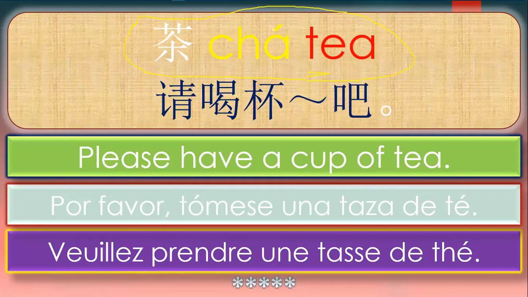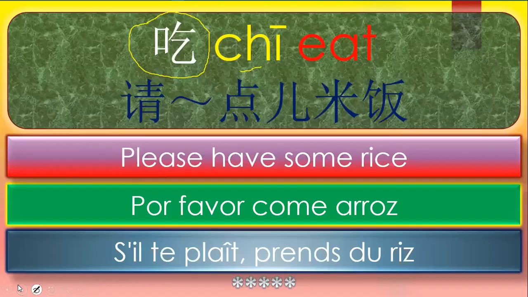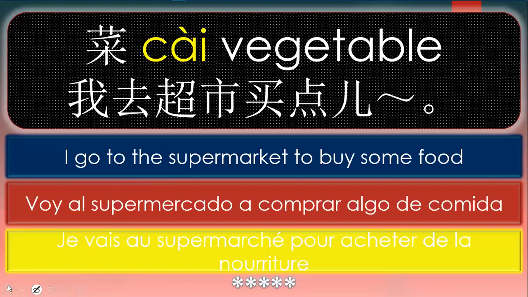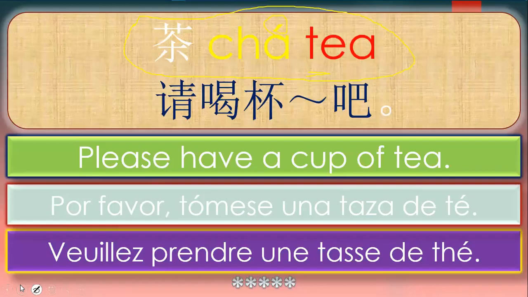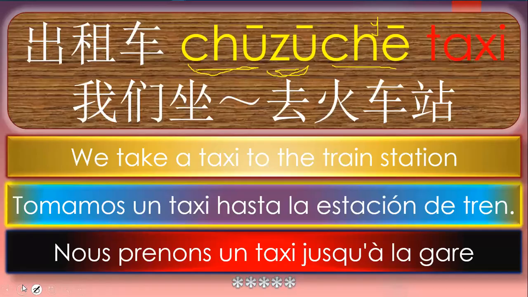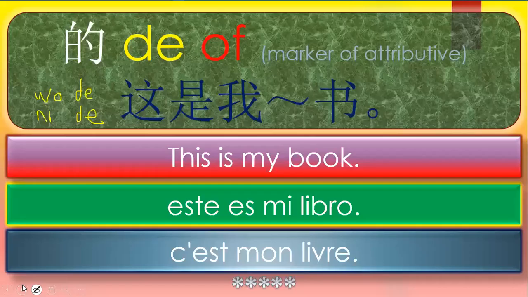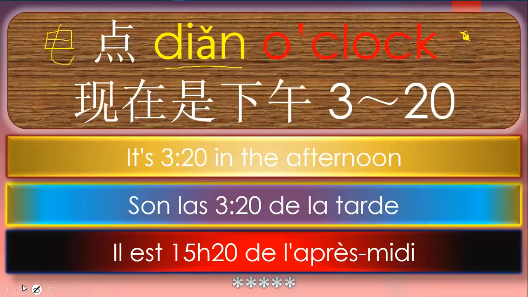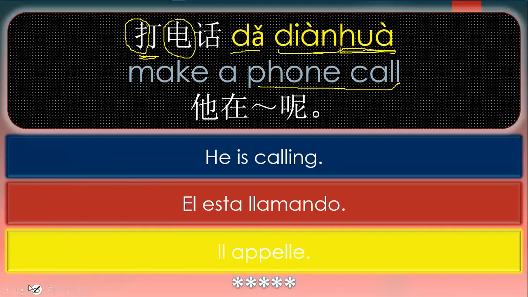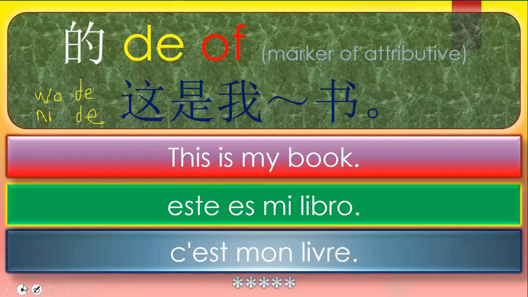So remember, second tone. Okay, very good. How do we say computer? 电. Electricity, 电. Now 电脑. Yes, very good. How do we say o'clock? 电, just the end.